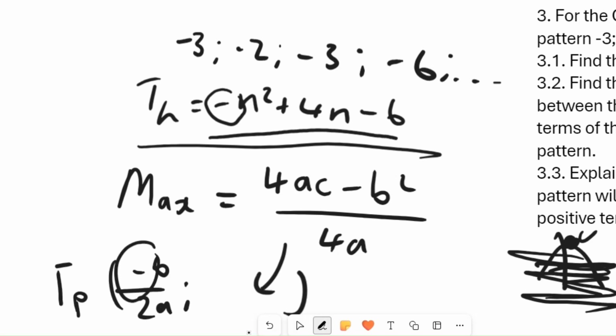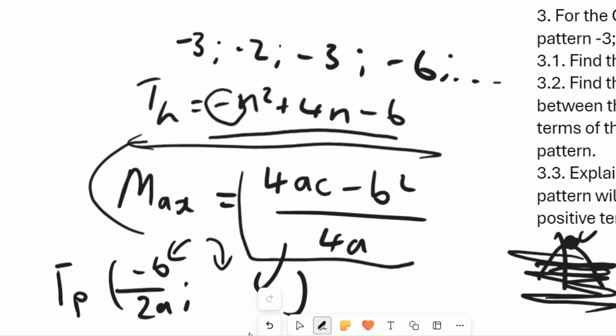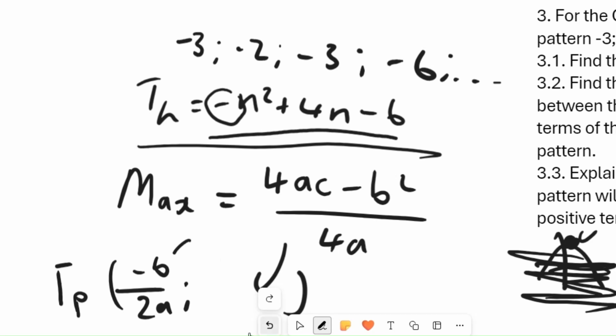This will be our n. If they wanted to say find the n that will give us this term, then you will see we will also use this one and find that term. We will use the minus b over 2a to find this term together with this guy here. Okay, without using these guys, let's proceed and avoid confusion.